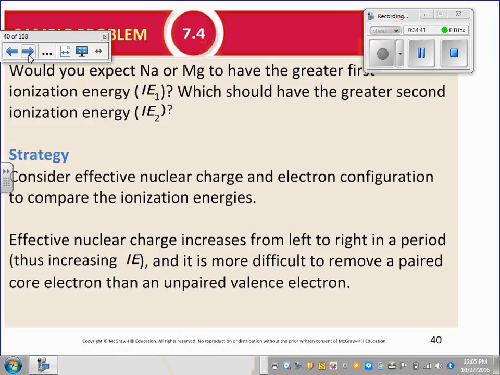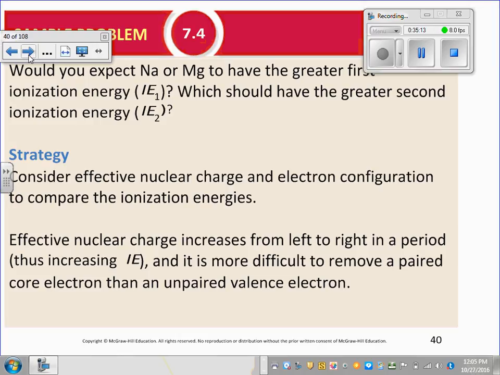Which one's going to be easier to remove? Why? Because of that push, right? We got 2 cats in the box. So, what's the question? We should have the greatest first ionization energy. Should be for IE1. Sodium should be greater than magnesium.